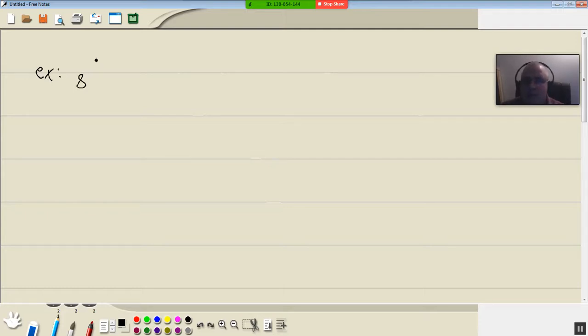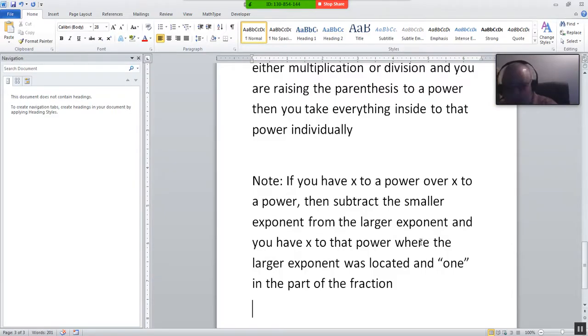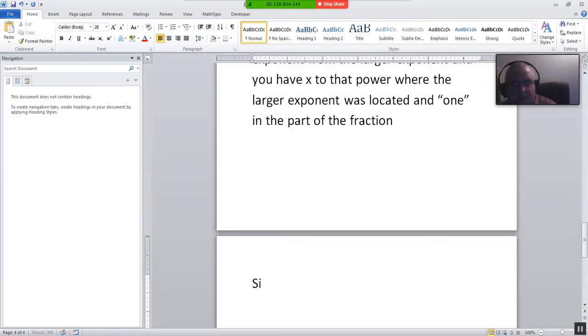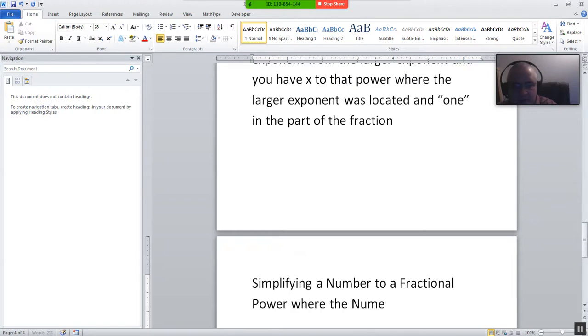So I got 8 to the 2/3 power. And I want to simplify that. So simplifying a number to a fractional power, rational exponent, where the numerator is greater than 1.